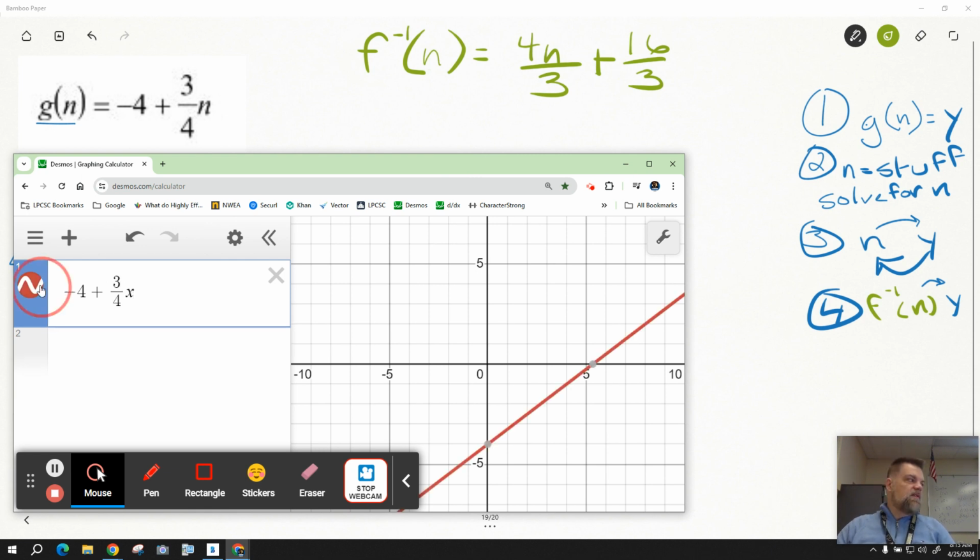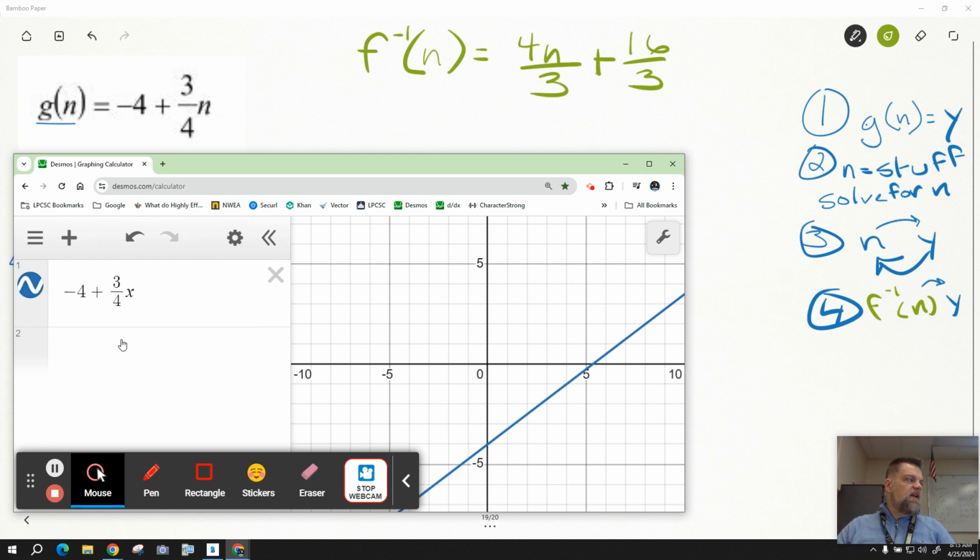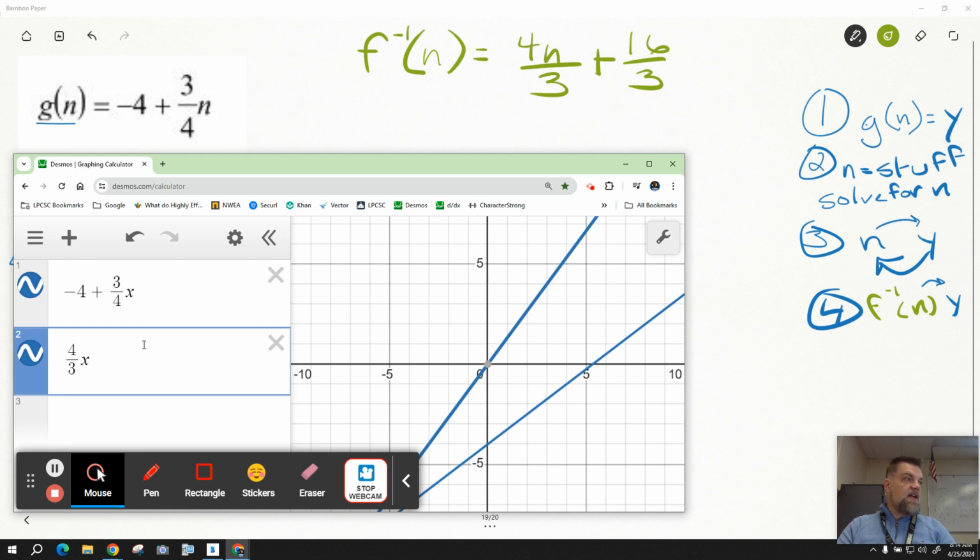And let's change that so it matches the colors that I want it to. So let's make this blue, because that's what we had. And then the next one, we're going to do 4 divided by 3, and I'm going to use x instead of n, plus 16 divided by 3. And we'll change the color on that.